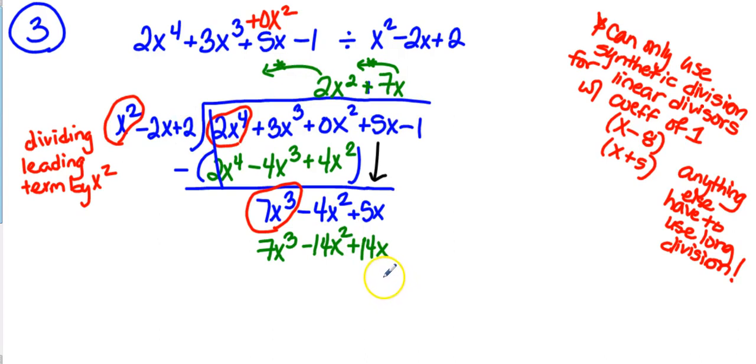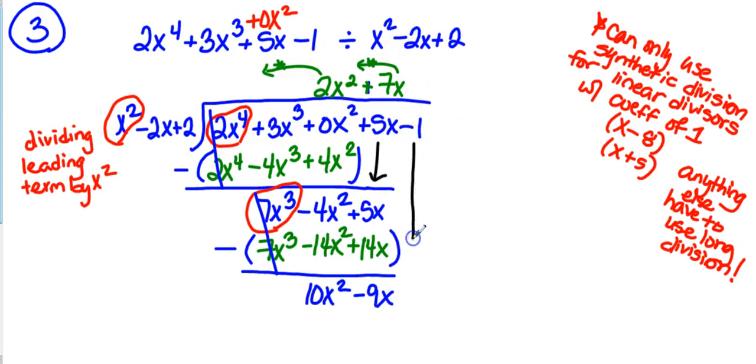There we go. Nothing else to multiply through, so we will now subtract. Cancels to 0. Turns into a plus, so negative 4x squared plus 14x squared is 10x squared. 5x minus 14x is a negative 9x. No other subtraction to take place.